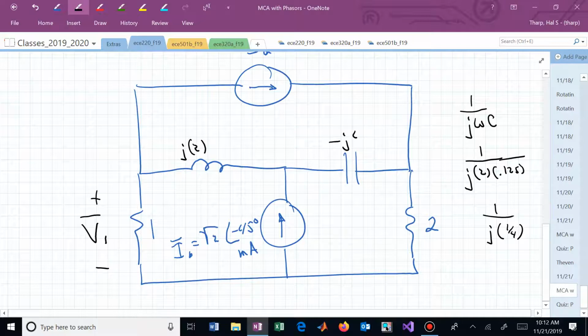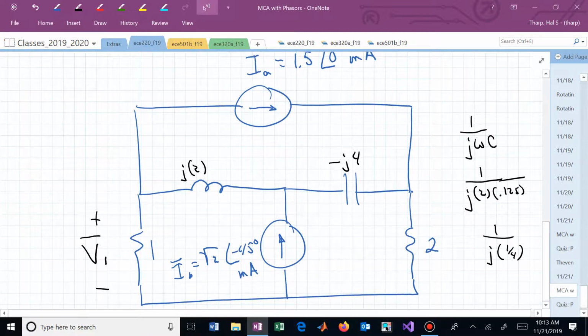This is now minus j4. Now we have our circuit in a form that we should be able to analyze, and I've already given you an idea as to how you might want to analyze that.